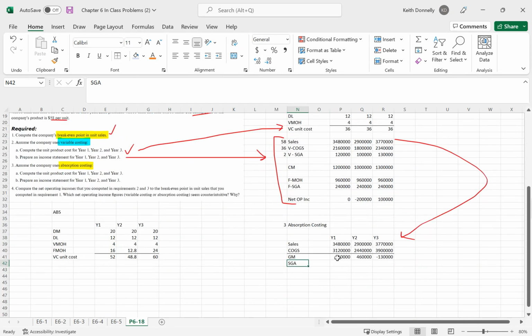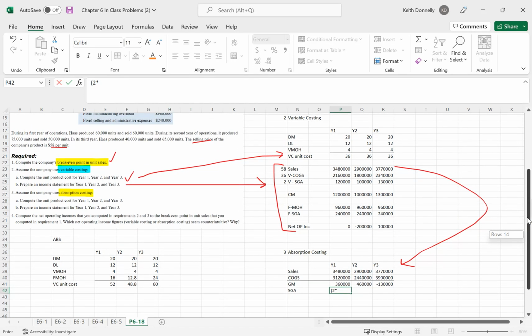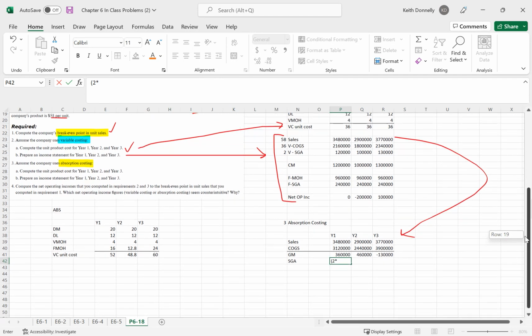So in year 1, it's a $2 variable SG&A expense times, let's go up real quick, we sold 60,000 in year 1. So that's the variable portion plus, in this case, the fixed portion. And I've got to do the equal sign.